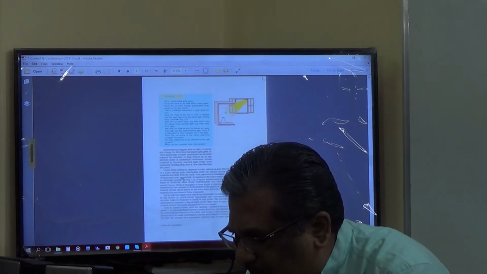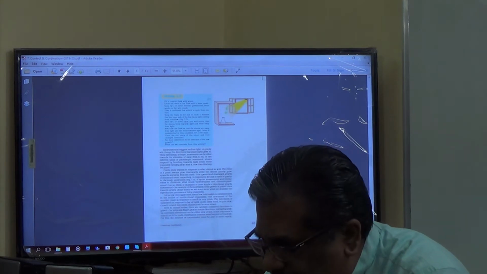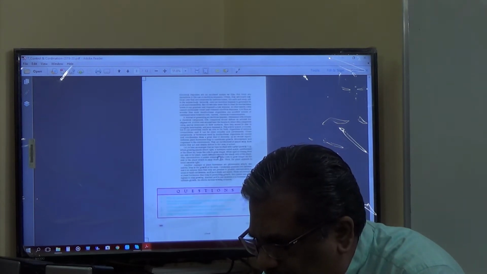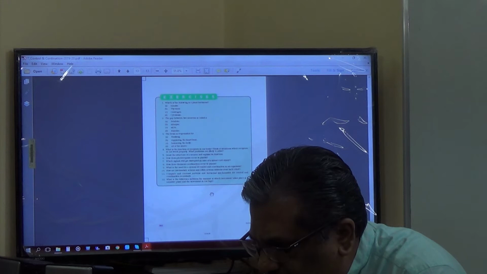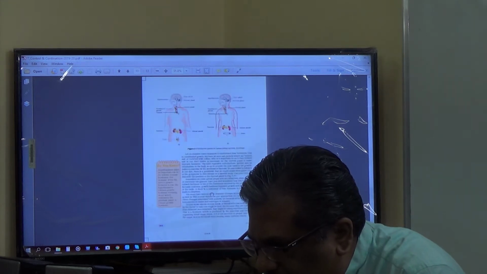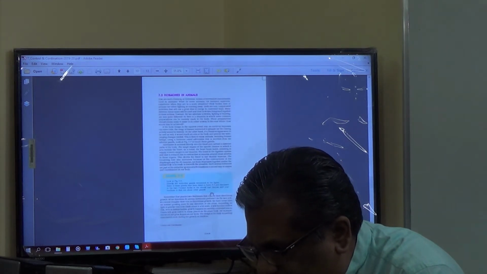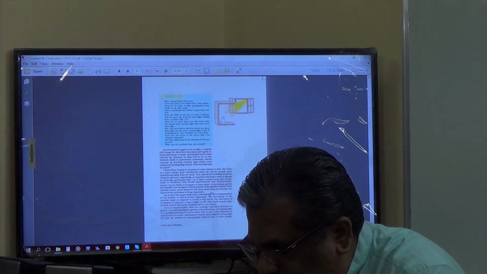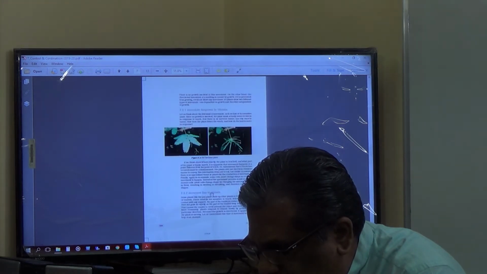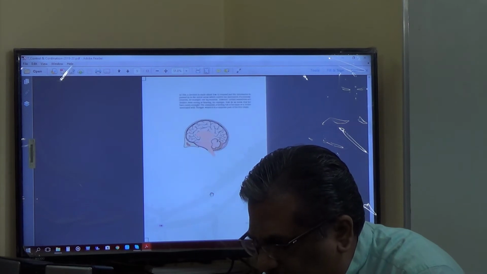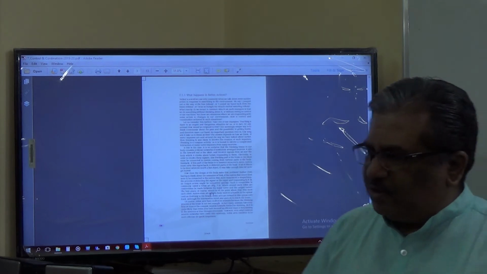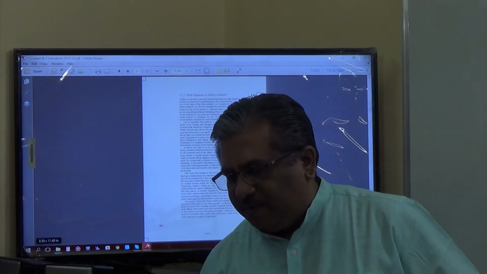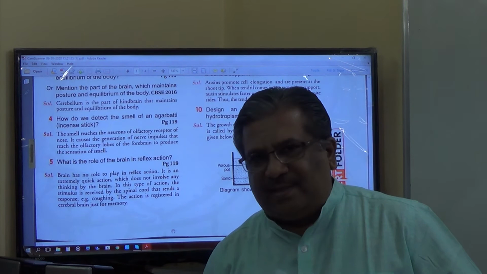This is for phototropism. I couldn't find the activity to demonstrate hydrotropism, so it is preferable to look at this and make a note also.